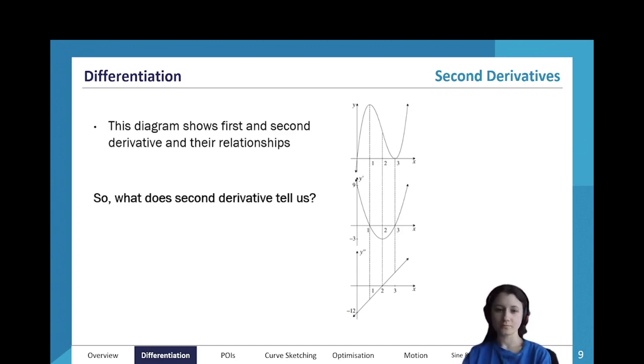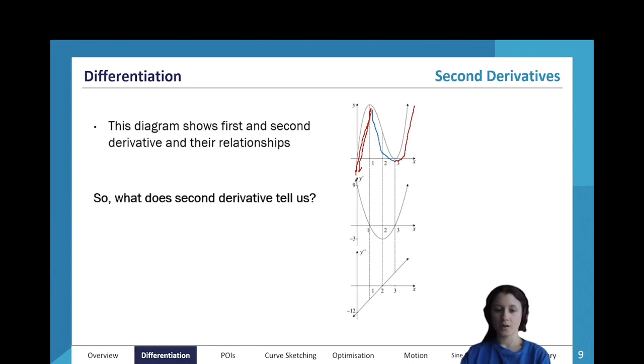Alright? So, it has a positive gradient up here, and a positive gradient here. Then it has a negative gradient down here.